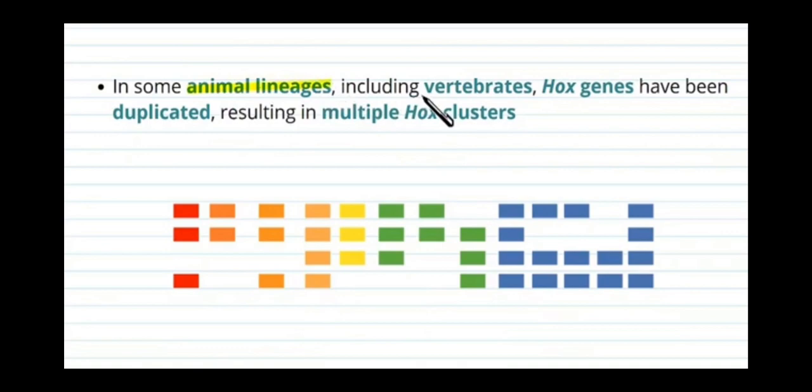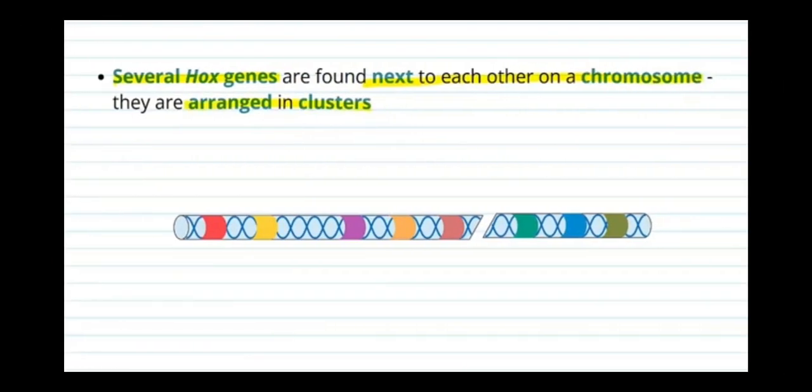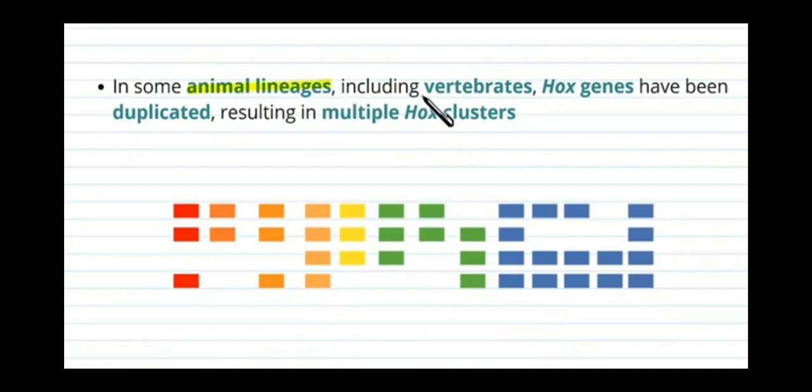So there are four chromosomes represented here, and on these four chromosomes the Hox genes are present. So this is one chromosome shown in this picture. Similarly, the other chromosomes are also shown here.